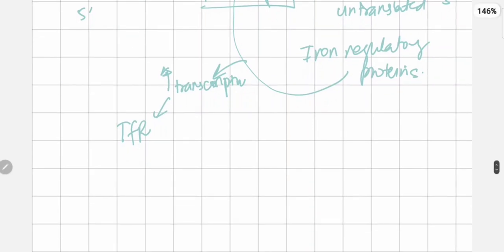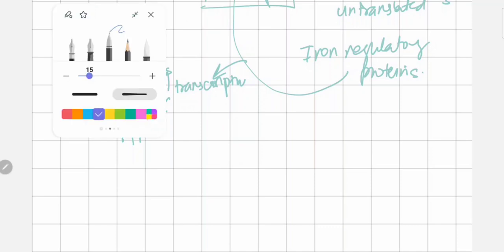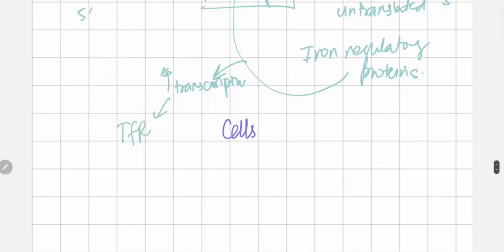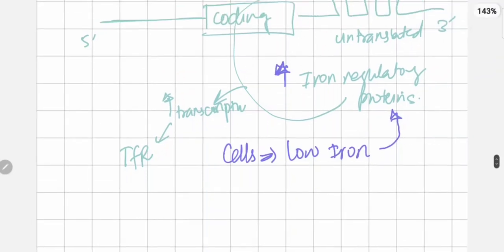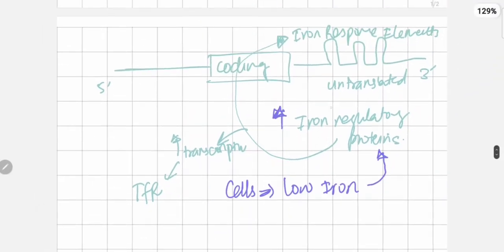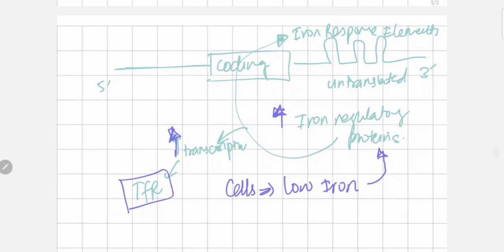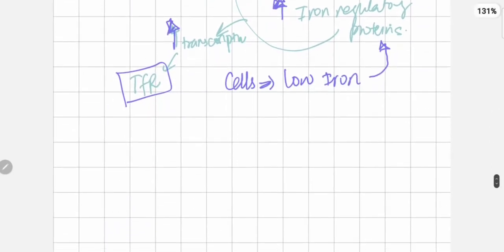When cells have low iron, the iron regulatory proteins are going to increase, and they are going to bind to the iron response elements and increase TFR, so that iron can be transported into the cells.